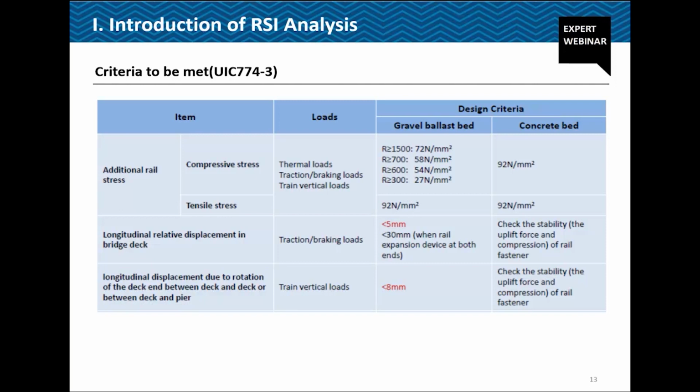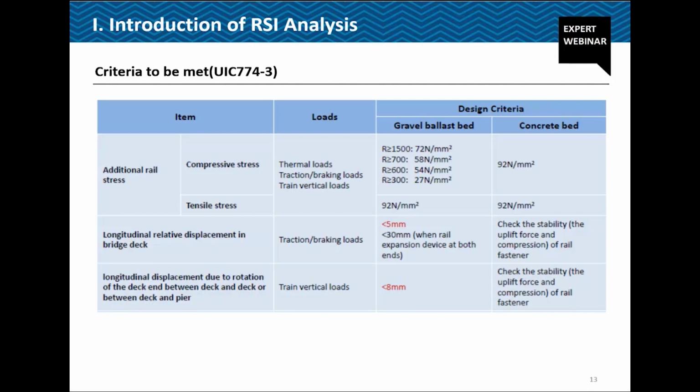And another thing, longitudinal relative displacement in the bridge deck. If we have a simple span bridge and this bridge moves too much, for example more than 5 mm, the ballast at this joint will be deconsolidated, and so there will be some damage in the track system. So there is a limitation on this longitudinal relative displacement.